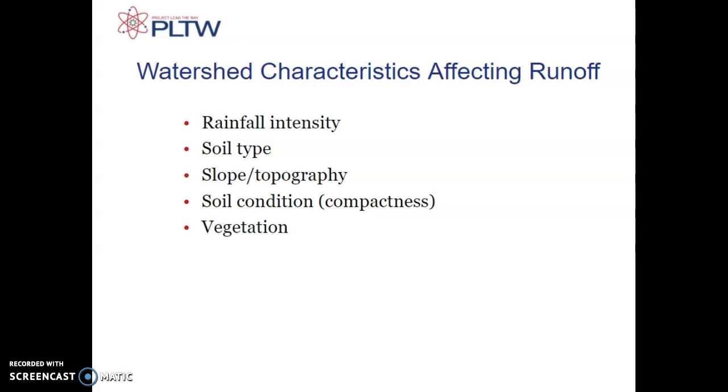So when you have a more rocky climate, that's not going to absorb as much as a pasture like a field. So different soil types absorb different amounts of water. Slope and topography. So the steeper the slope, the more chances you have of a mudslide. Then you have your soil conditions. How compact is your soil? And then how much vegetation do you have?